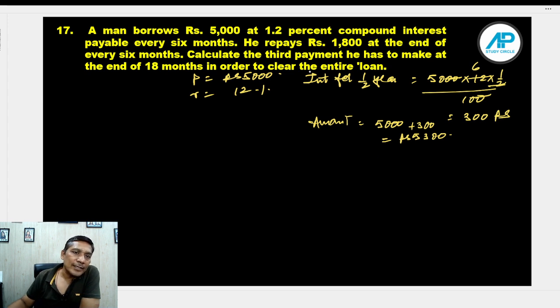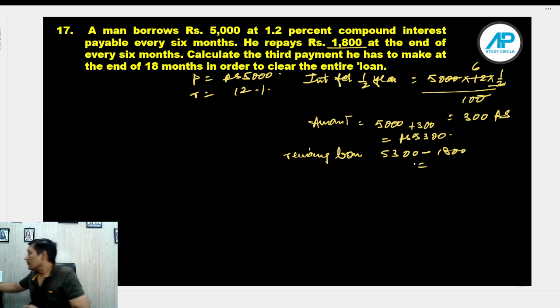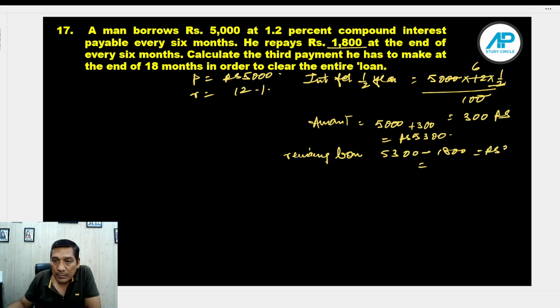At this point of time, the man repays back rupees 1800. So the remaining loan, you can say, 5300 minus 1800, gives me the remaining value as rupees 3500. I hope you understand that.